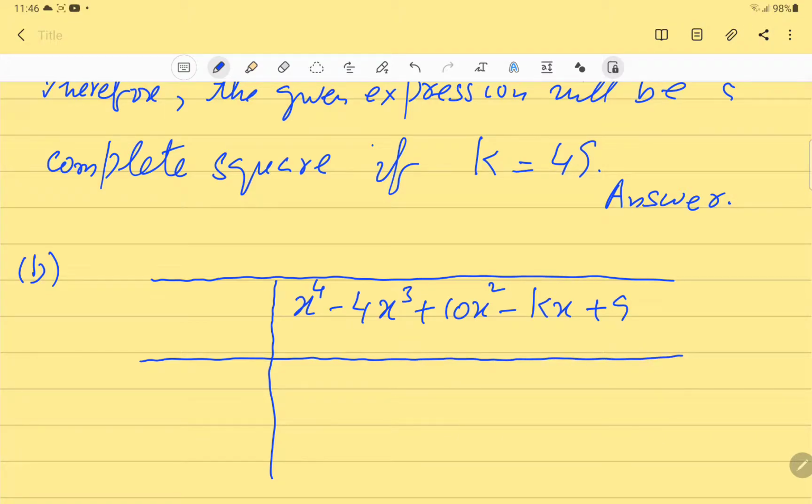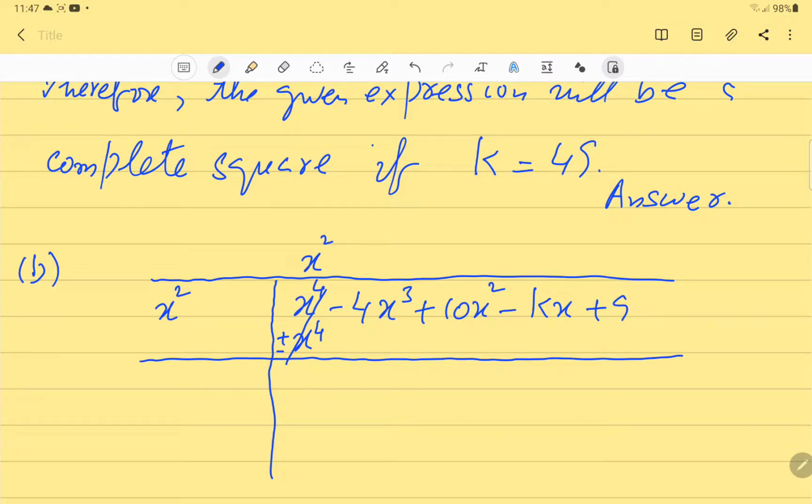So x raised to power 4 is a complete square of x raised to power 2. So here we will write x squared and multiply it with x squared. So our answer will be x raised to power 4. When we subtract it, the sign will reverse and x^4 will cancel with x^4.